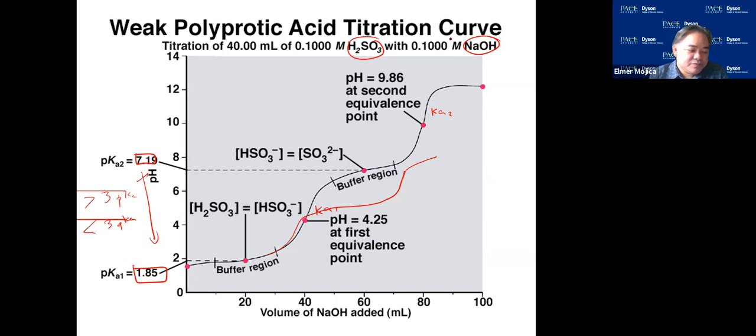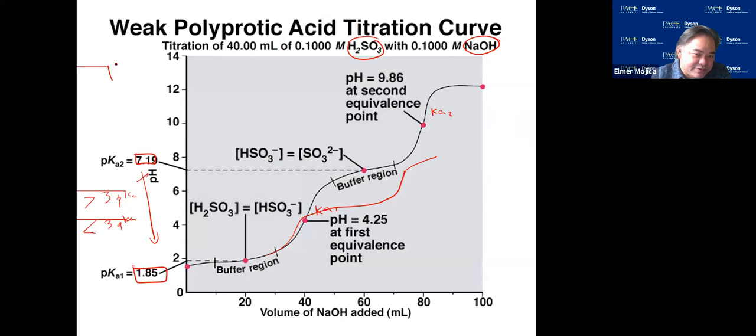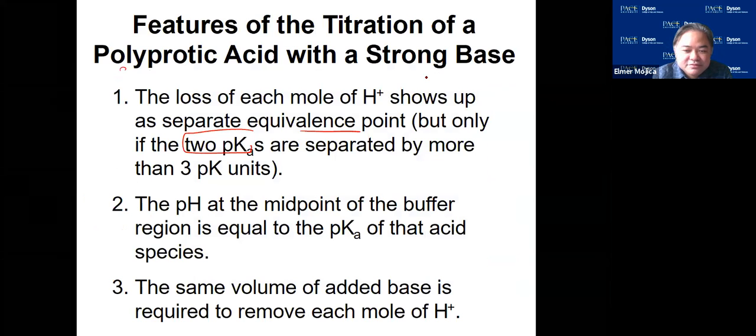So if you have an equivalent titration curve, what happens if you have 3 pKa, like phosphoric acid? How are you going to look at it? Maybe it will be like this.